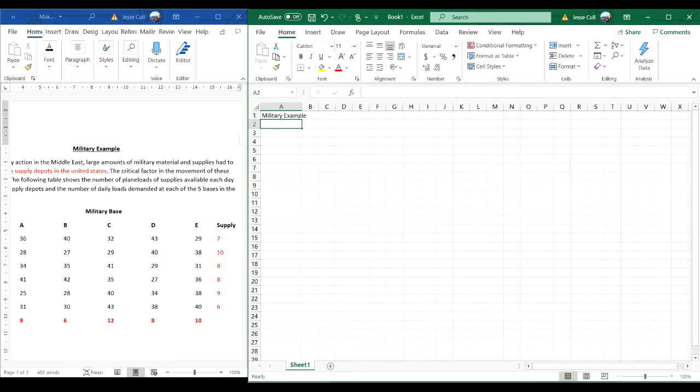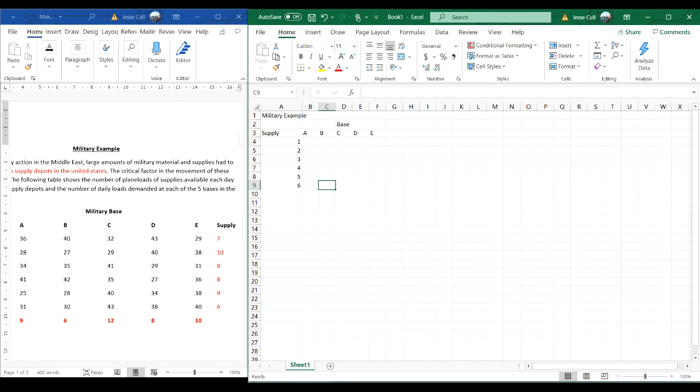Now, as before, we first want to show our situation with decision variables. So we make this supply, base, A, B, C, D, and E. Supply 1, 2, 3, 4, 5, 6.